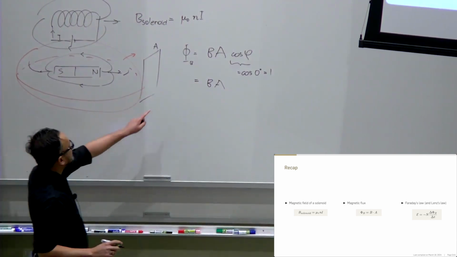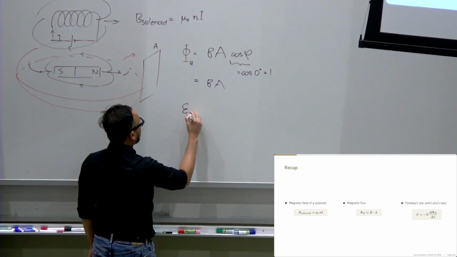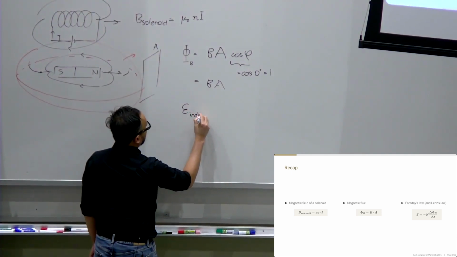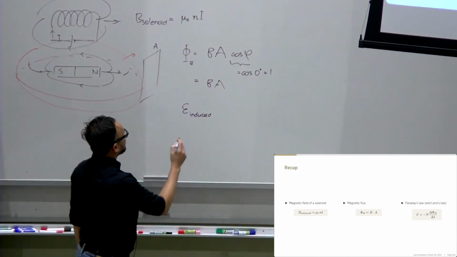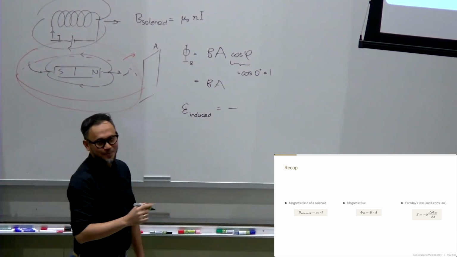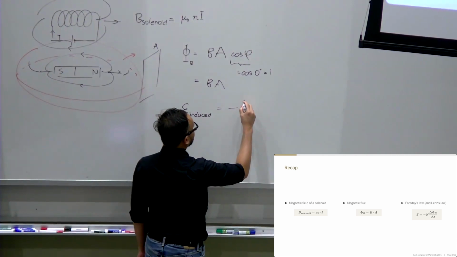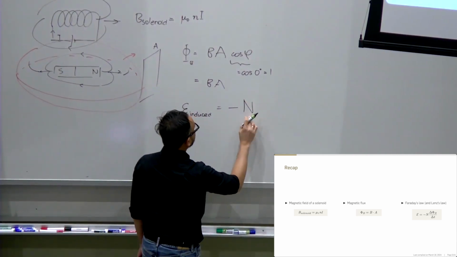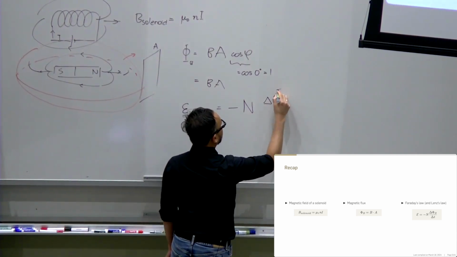Basically, if we change the magnetic field it will induce an EMF. In lecture notes, I didn't spell it out. EMF induced is equal to negative, this is due to Lenz's law. Do you guys still remember this? Good. Times N, N is the number of coils, times the change of the magnetic flux.